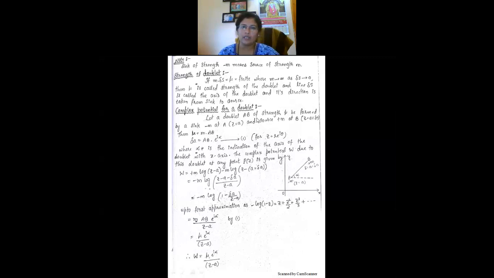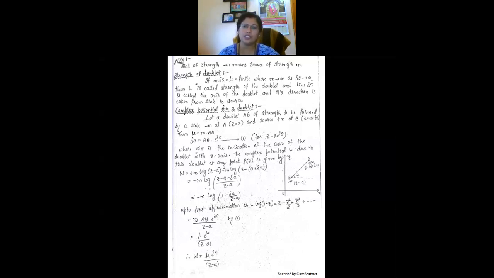Let a doublet AB of strength mu be formed by a sink of strength minus m, which is situated at point A, and a source of strength m, which is placed at point B. Because there is a small distance between them, that distance is delta A. So the point B is z equal to A plus delta A, and the sink is placed at z equal to A with strength minus m.